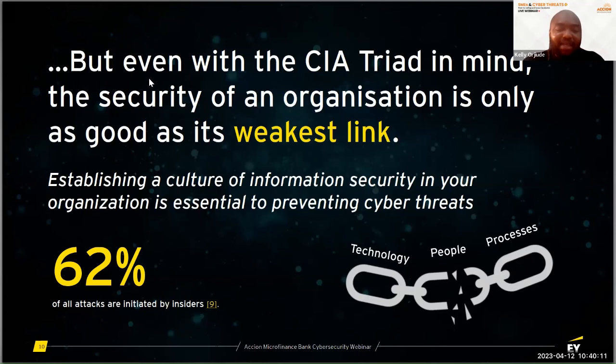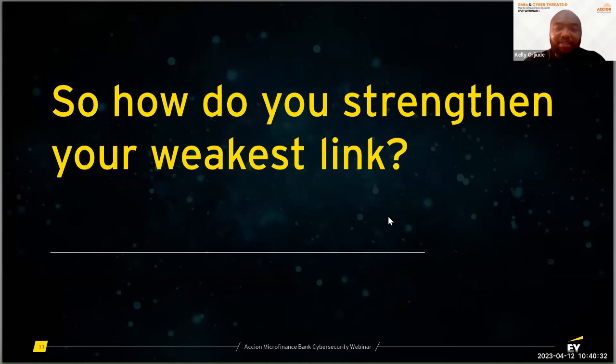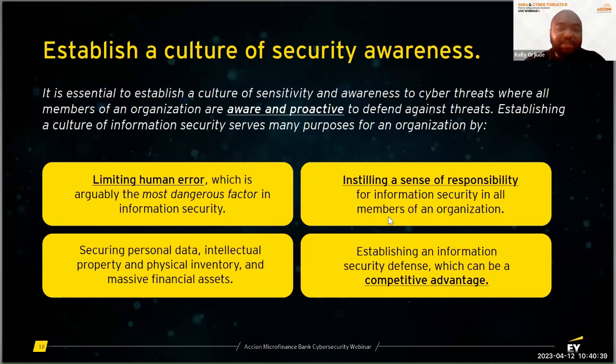And I have a stat here that says 62% of all attacks are initiated by insiders. So that means people are responsible for that, whether it's collusion from those people or whether it's the fact that they are unaware that they are being used for fraud, okay? And I'll explain how you should strengthen your weakest link, which are humans.